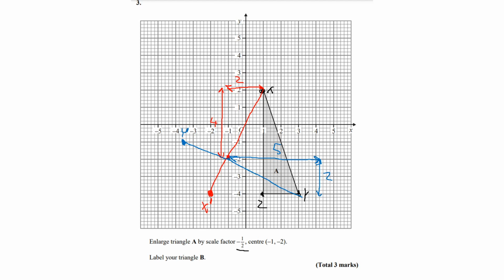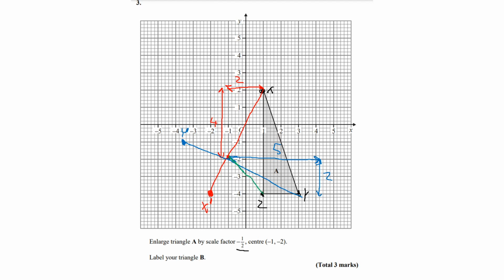And finally, for Z, all we need to do is once again check how many it takes to go from Z to, sorry, the center of enlargement, which is at -1, -2. So that would be that line there.